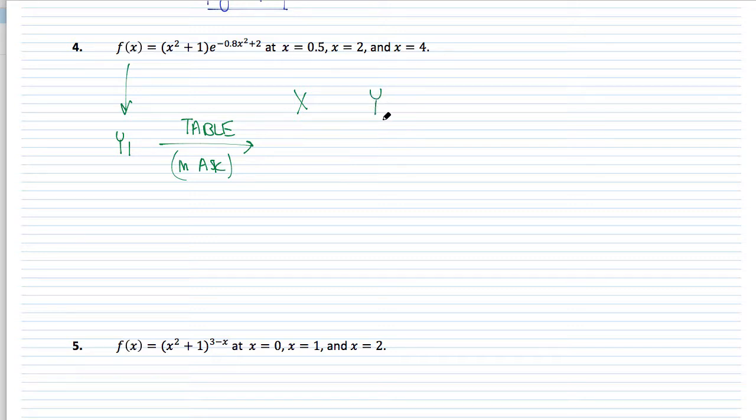So we have x, y1, and y2. Our x-coordinates are going to be 0.5, 2, and 4. So once we put these coordinates into our table, we have several different values. Our y1 at x equals 0.5 is going to be, and we're going to round this a little bit, 7.56.